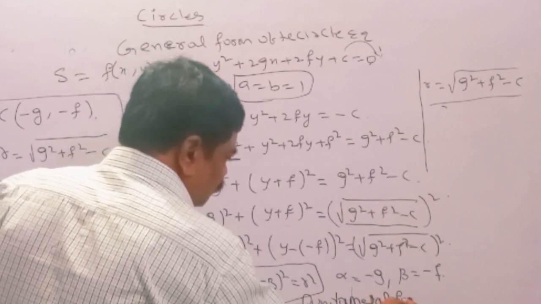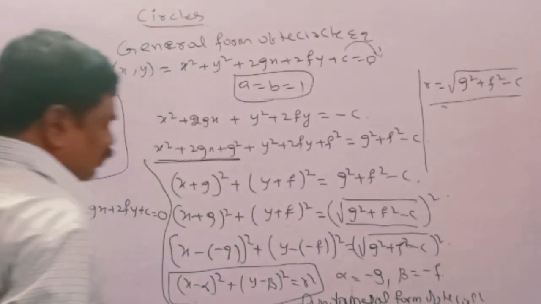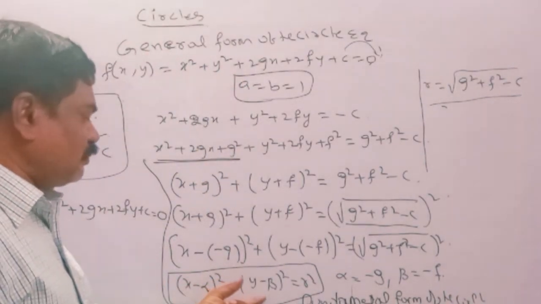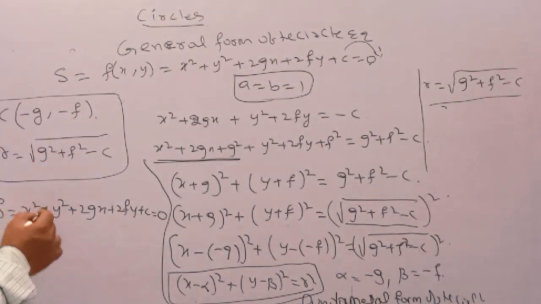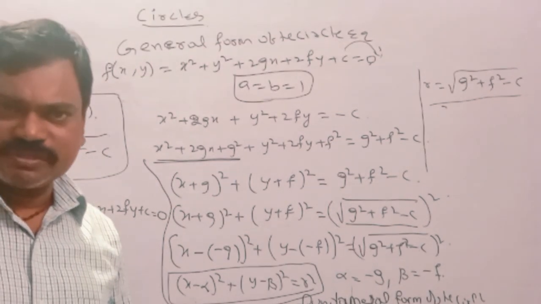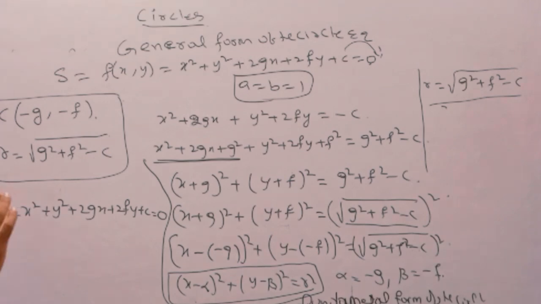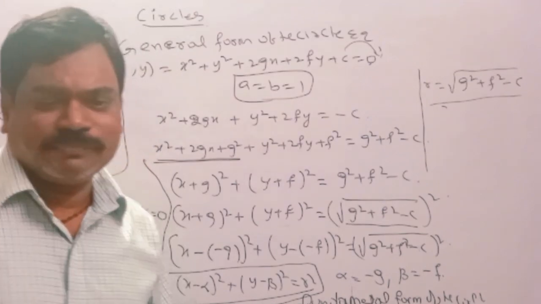In this fundamental form, the center is alpha comma beta and the radius is r. So here the center is minus g comma minus f, and the radius is root over g square plus f square minus c. This is the radius and center of the circle. I hope you understand very well. That's all.